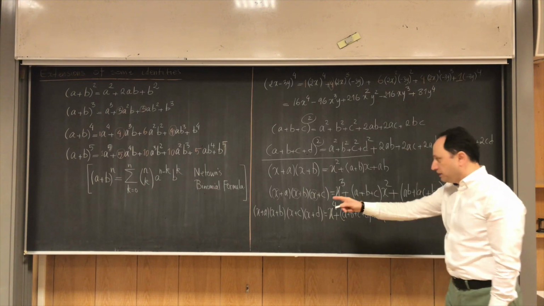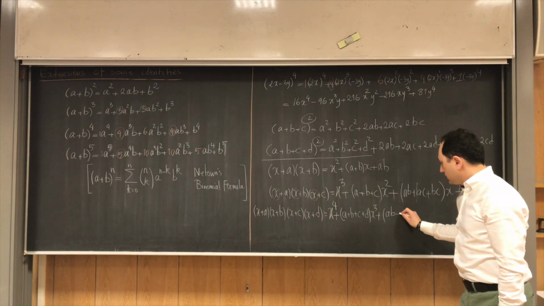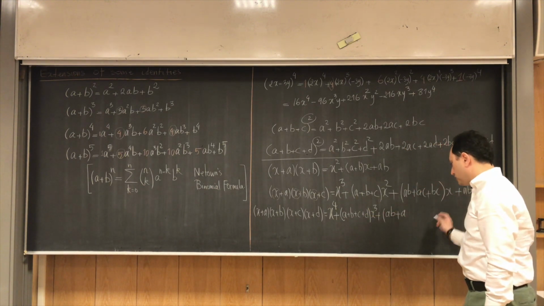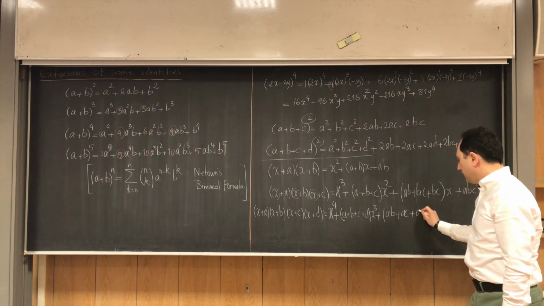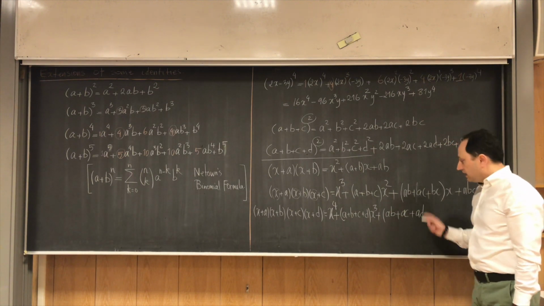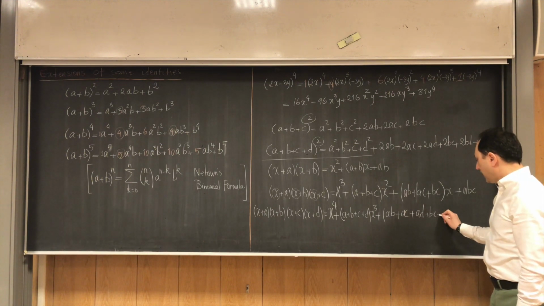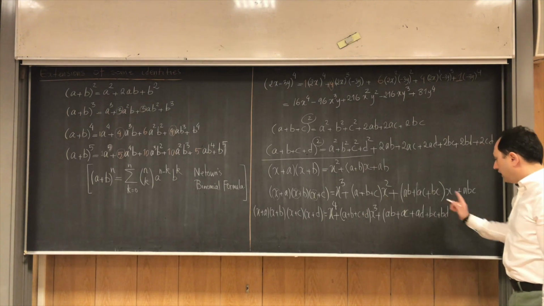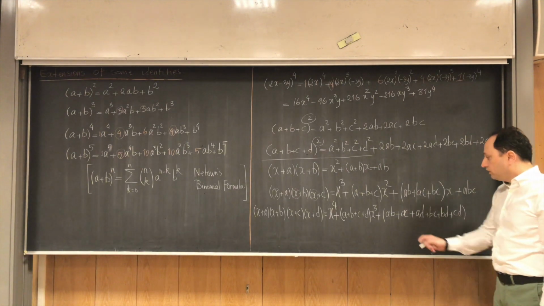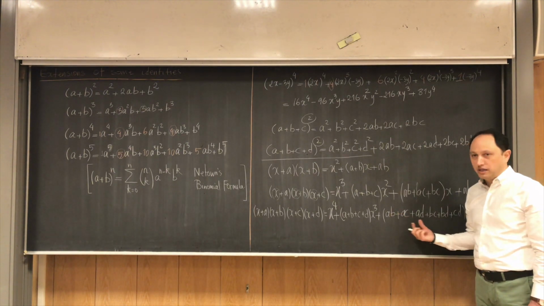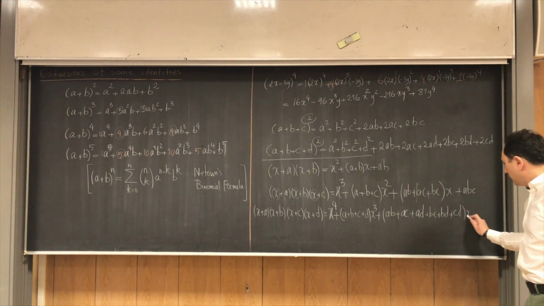I have a with b, plus I have a with the next one c, I have a with the next one d. Yes? And then I go to b. I have b with the next one c, I have b with the next one d, and then nothing. Then I go to c. I have c with the next one d. These are the only pairwise combinations, yes? And then I multiply it by x squared.